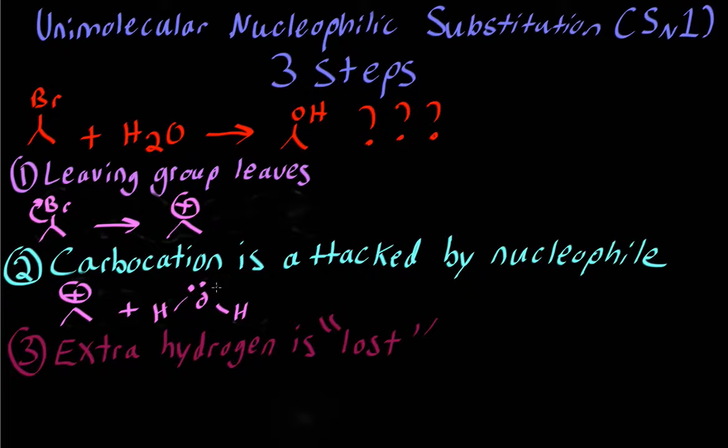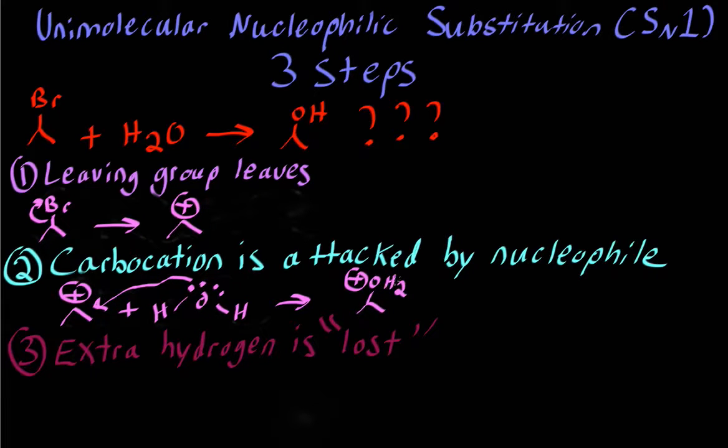Our two lone pairs. And our lone pair will attack that carbocation, which forms something that looks like this, with a positive charge on that oxygen.